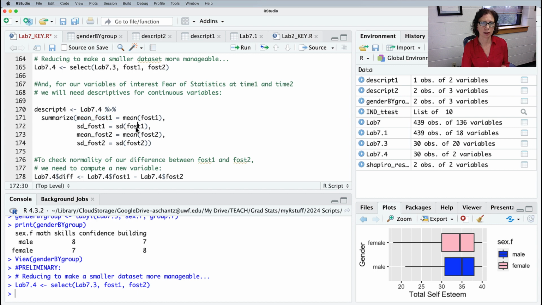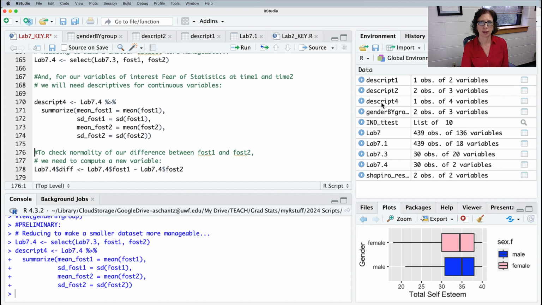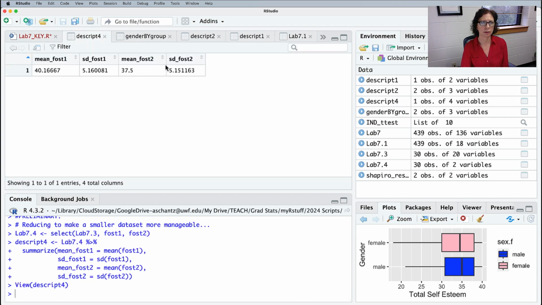The standard deviation of FOST1, call it SD FOST1. The mean of FOST2, call it mean underscore FOST2. And the standard deviation of FOST2, we're going to call it SD FOST2. And I can take a good look at that up here and be able to use that for my write-up information.